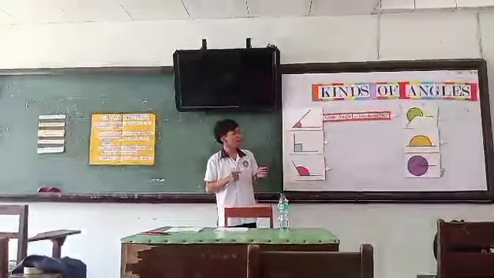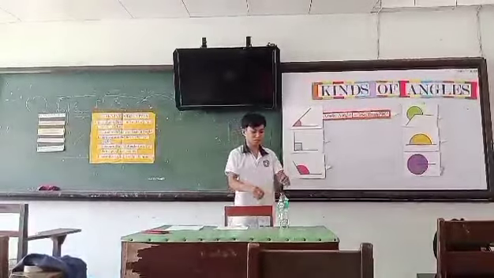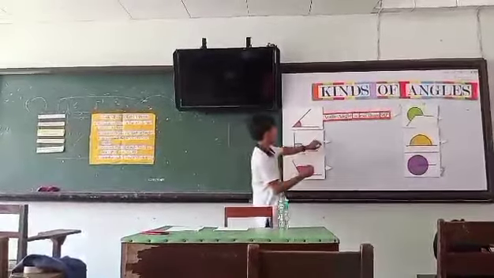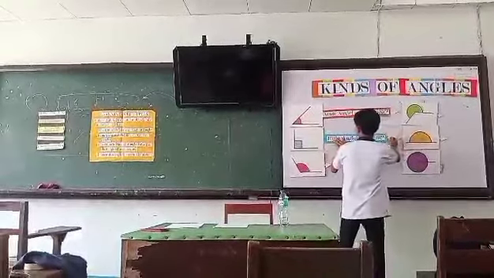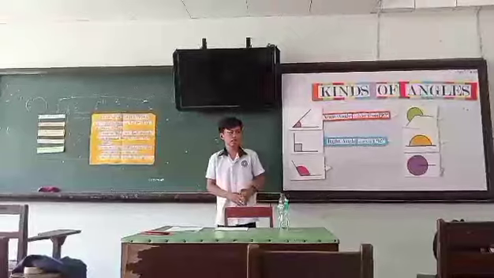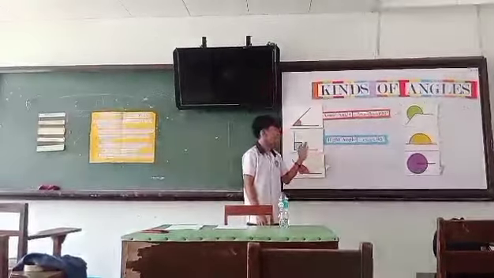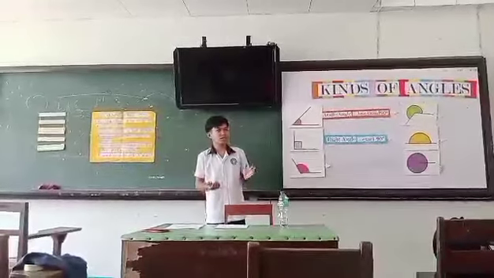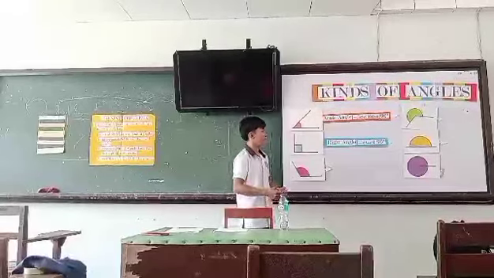Those angles that measure 89 and below are called acute angles. The second angle is the right angle. The right angle has a measure of 90 degrees. It is usually seen at our doors and windows.